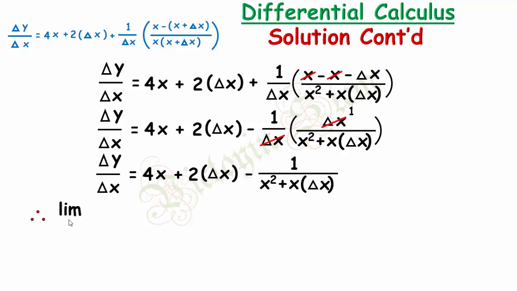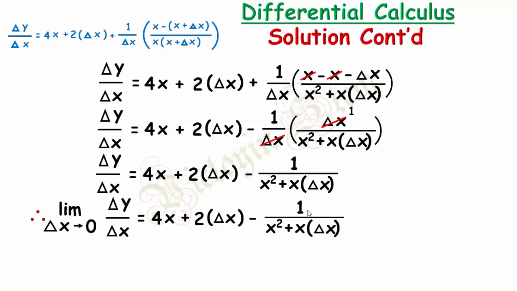Therefore, I'll find the limits as delta x approaches 0 of delta y divided by delta x, which is equal to, I'll replicate the right hand side of this equation, 4x plus 2 delta x minus 1 divided by x squared plus x delta x. So as delta x finally approaches 0, delta x here will be equal to 0. And so 0 times 2 is 0. So this entire term will become equal to 0.